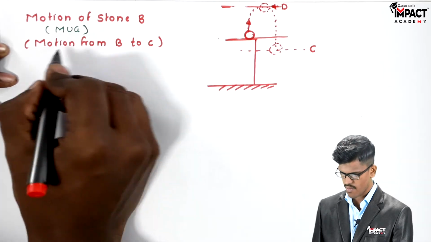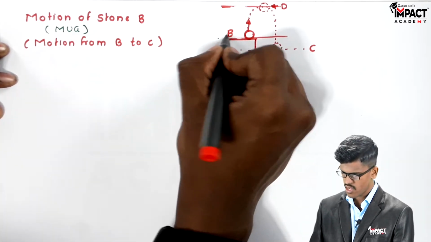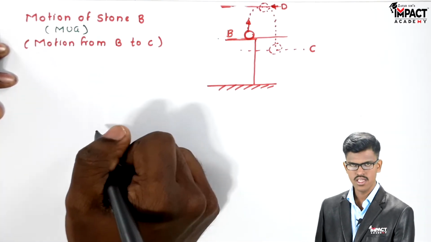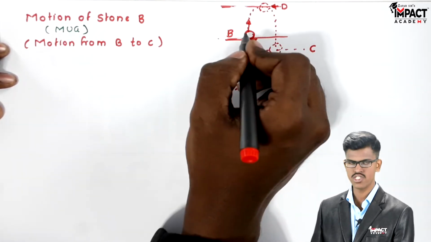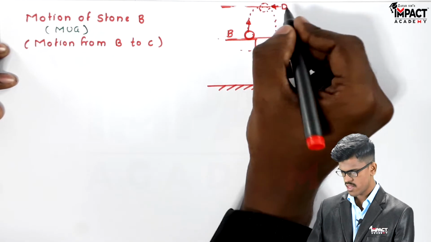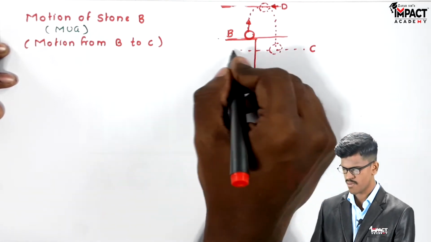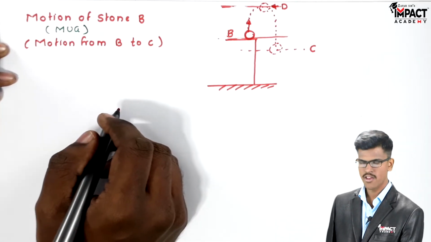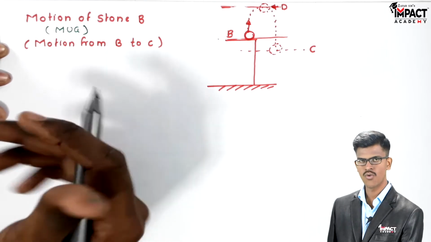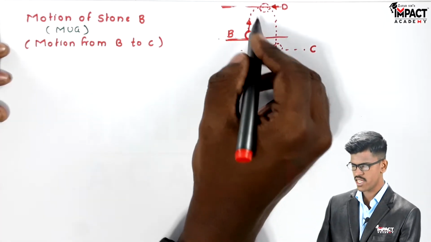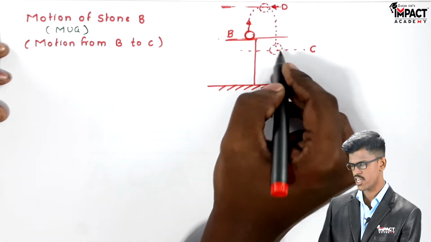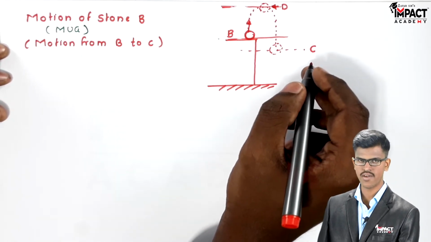So from point B to point D, it is a motion against the gravity. Then from D to C is a motion under the gravity. Here is a confusion: what sign convention should we take? From B to D is a motion against the gravity, and D to C is a motion under the gravity.